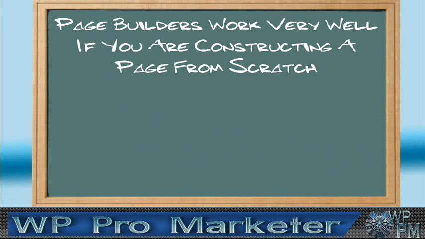Now, page builders work very well if you're constructing a page from scratch, and the reason they do that is because they create a custom template. That custom template keeps the filters in WordPress from destroying the HTML code within it. So that's something they're absolutely doing right.